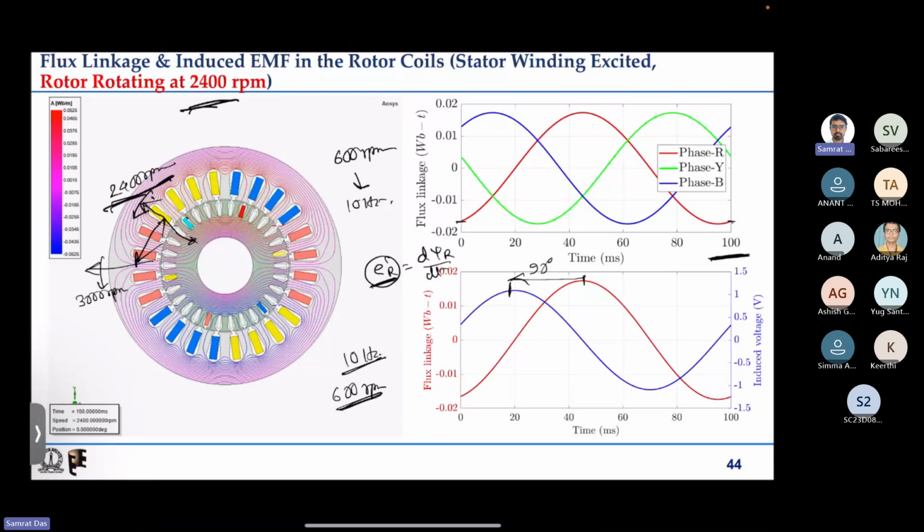So we have seen that whether the rotor is rotating or the rotor is still stationary, we need not give excitation to the rotor coils in order to have torque production.